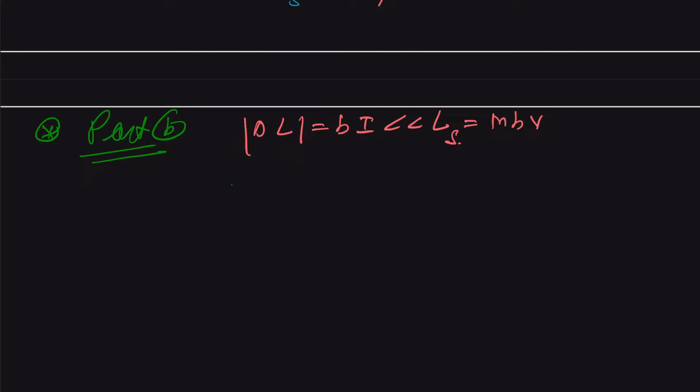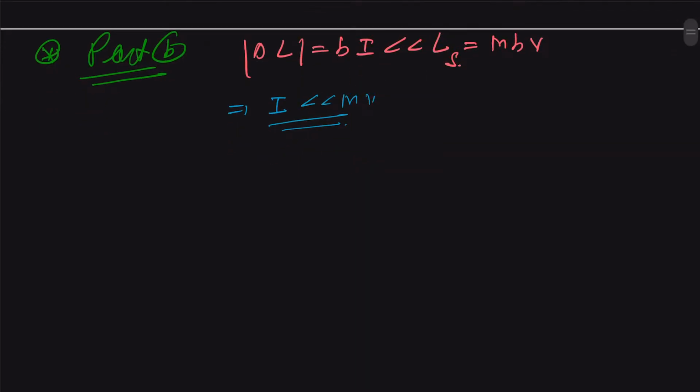And from here we can say that I should be much less than the product of the mass and velocity. And because there is an impulse for a short time delta t, we can say that I is equal to F multiplied by t.